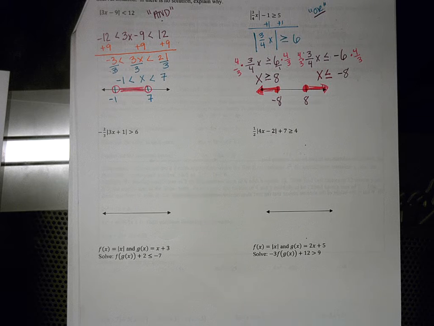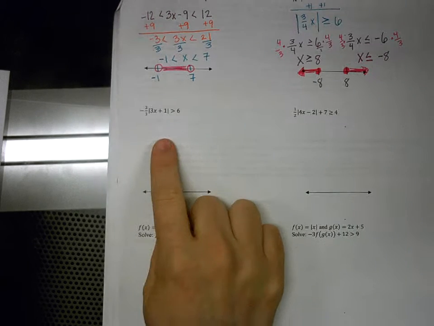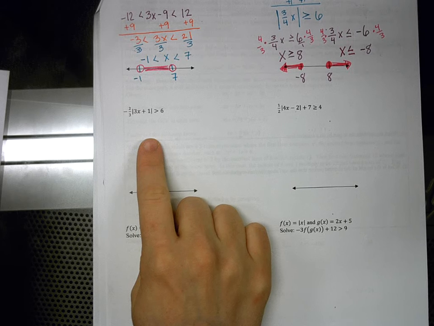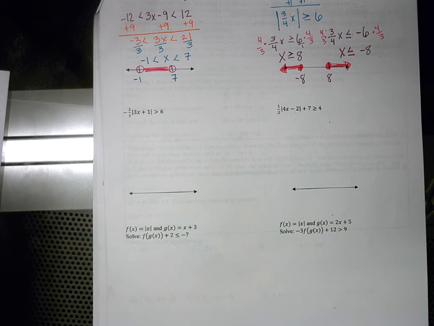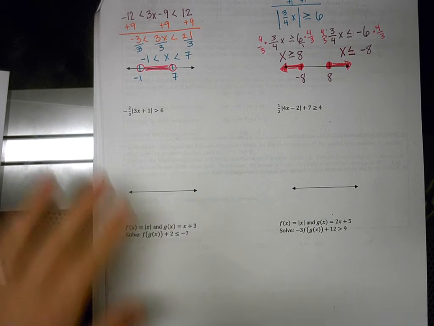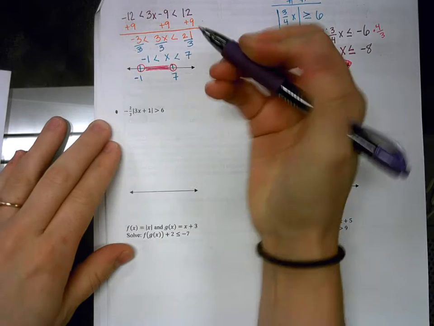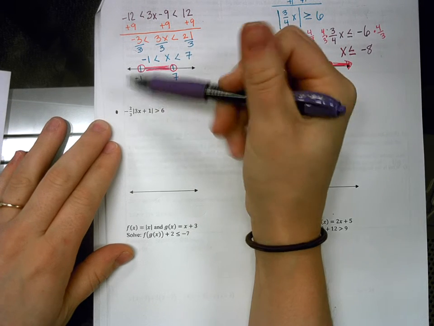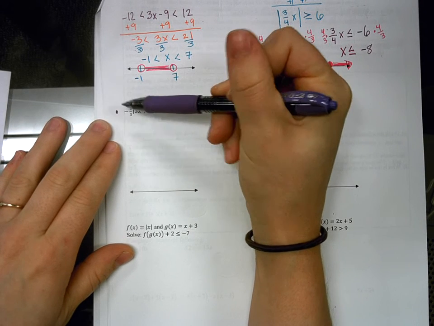Okay, one more example together. We're going to do this next one. Is my absolute value isolated? No. So how do I get rid of a fraction? Multiply by the reciprocal. What's the reciprocal of negative 2 over 3?